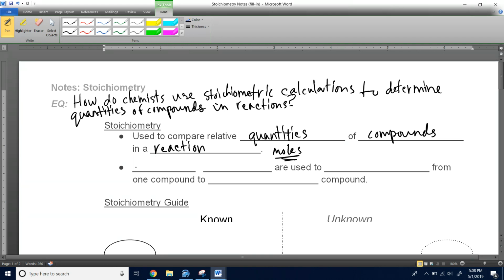Moles are important because we can make mole ratios. These mole ratios are used to convert from one compound to another compound. So it's very important that we understand how we can utilize the moles of one compound to convert into another compound. This is the portion of our vocab that will be very important for us to understand.